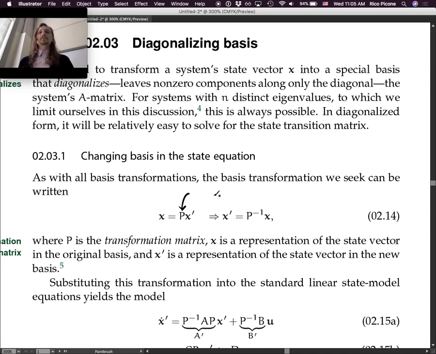Okay? So we say that x prime is a representation of the state vector in a new basis. Now, depending on how rigorous your linear algebra was, there is a distinction between the components of a vector and its basis, and I see smiles.